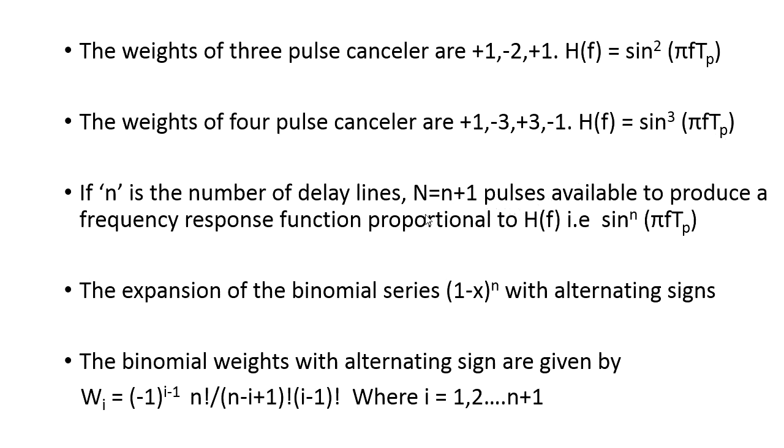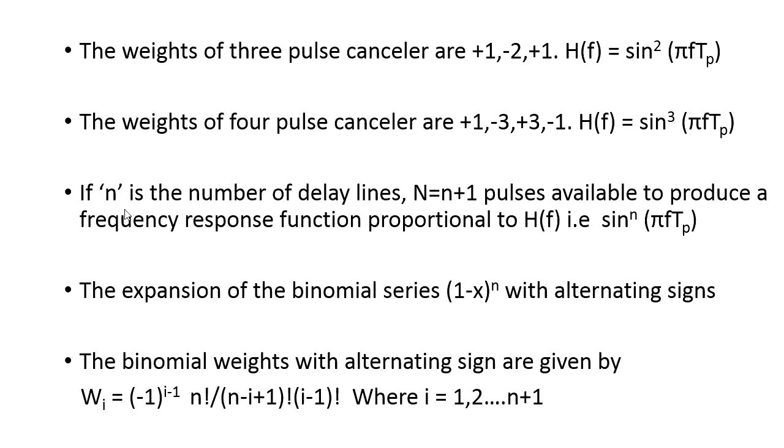So here, if I cascade more delay line cancellers, what will happen? I can effectively reduce the clutter signal present in the echo signal. That is what we call an n delay line canceller. The purpose of the n delay line canceller is to reduce the clutter present in the echo signal.